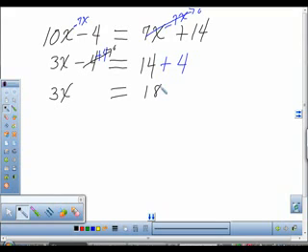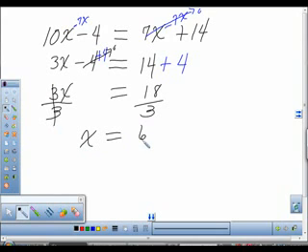Okay? Now, is the x by itself? No. What's attached to the x? A 3 by multiplication. What's going to unhook that 3 by multiplication? Division by 3, exactly. So dividing by 3, I get x is equal to 6.